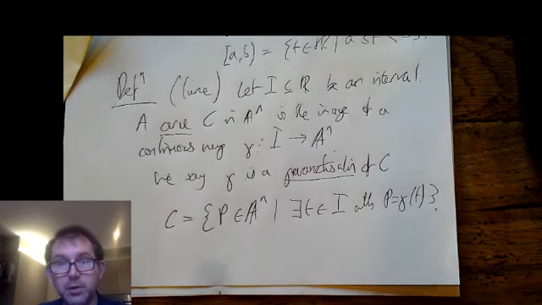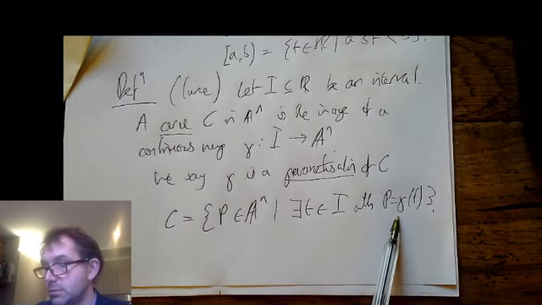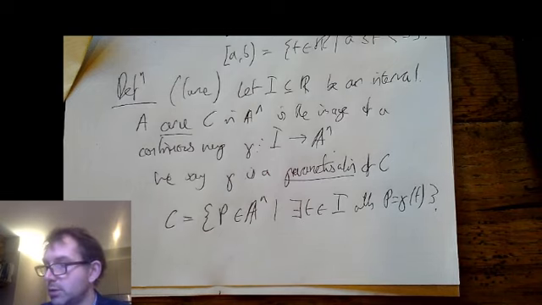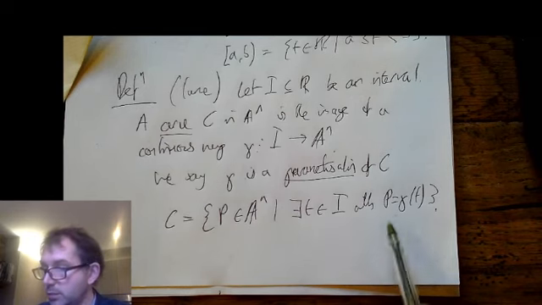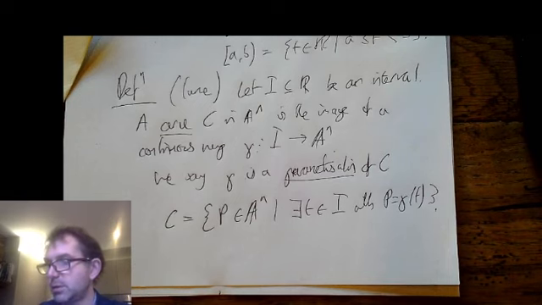So the time could be between 0 and 1 seconds, or 1 hour, or whatever it is. And what this gamma is telling you is, if you give me a point in that interval, so that might be 5 seconds in the context of a minute, then I will tell you exactly where you are at that point. Okay.